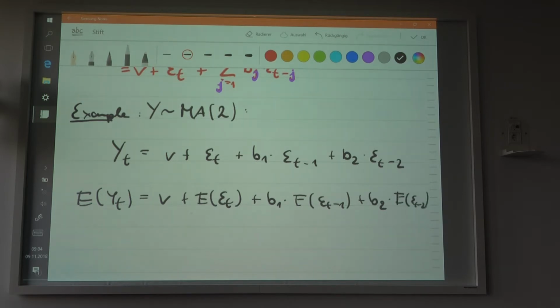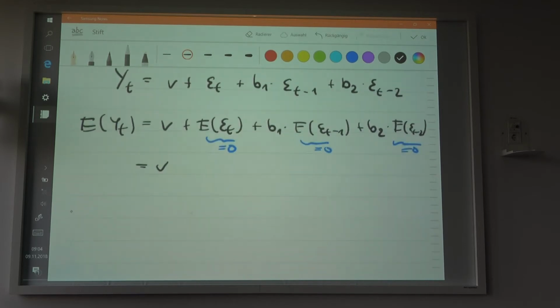And of course, the expectations of the noises are going to be 0. So the expectation is just equal to the constant, which means that the expectation of the process does not depend on time. I already announced this is going to be a stationary process, so no matter what you do, this is just going to be it.